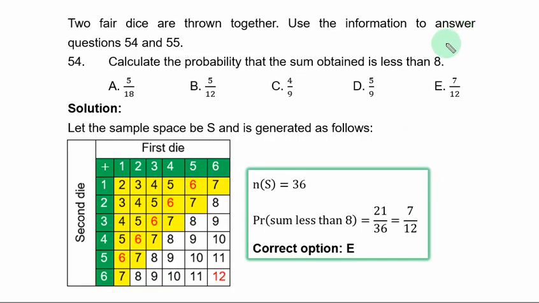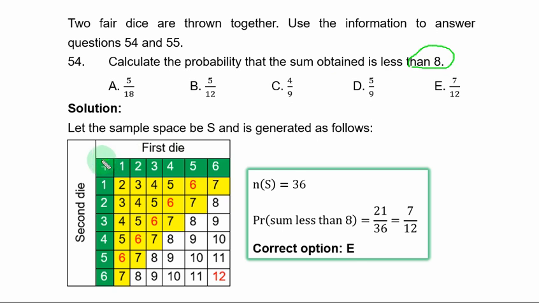2 fair dice are thrown together. Use the information to answer questions 54 and 55. Question 54. Calculate the probability that the sum obtained is less than 8. So you draw the sample space. The 2 dice, each die has 6 sides, 1 to 6, 1 to 6.